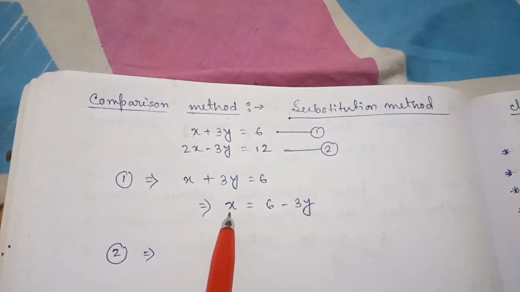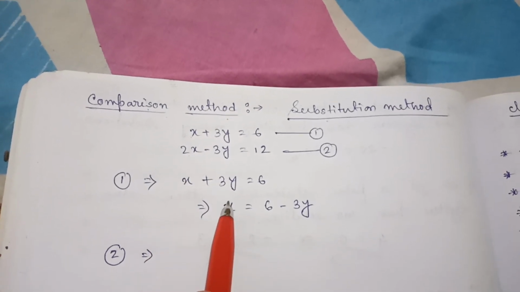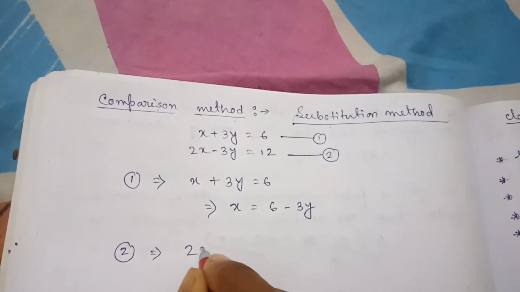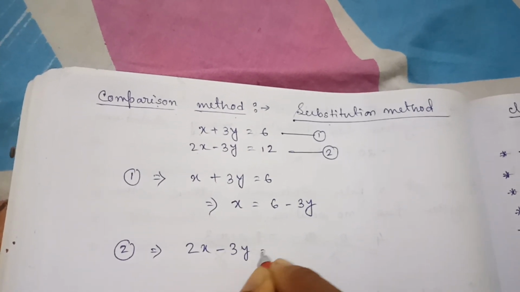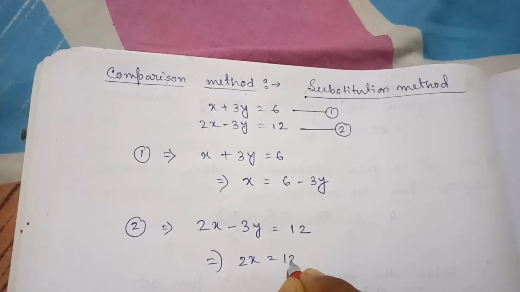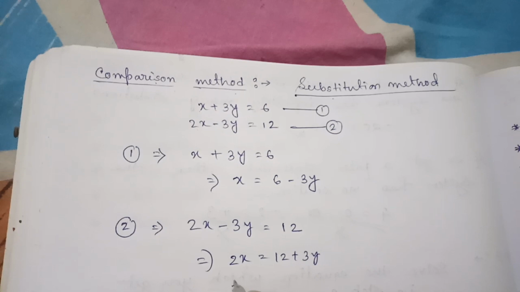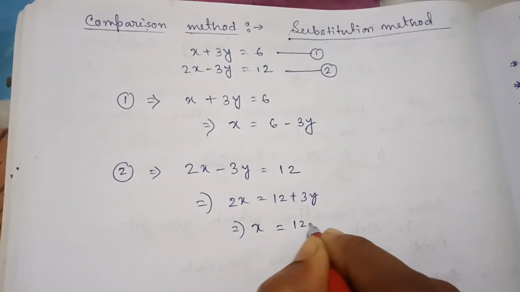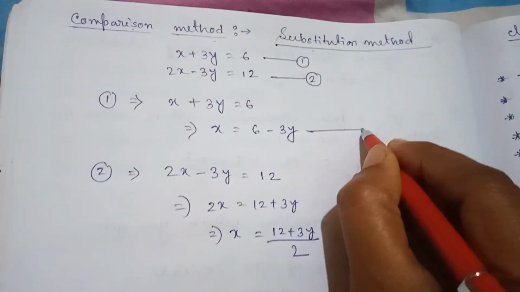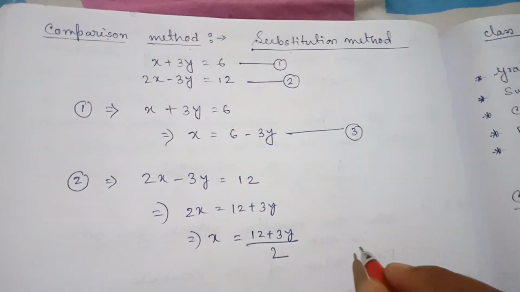I am fixing it here. So, x's value you have to get from both the equations. Like from the second equation, we are getting like this. 2x equals to 12 plus 3y. That means x equals to 12 plus 3y divided by 2. Now this one I am giving the name 3 and this one I am giving the name 4.